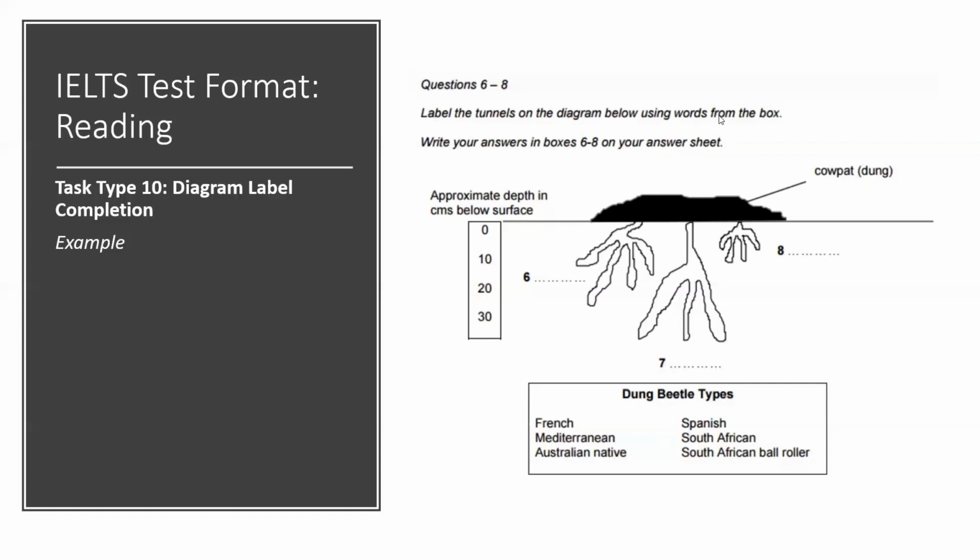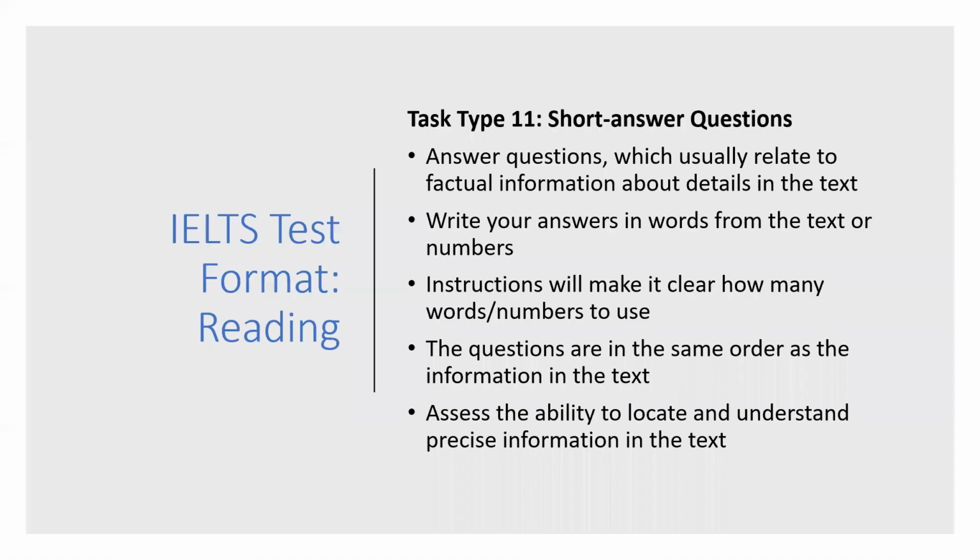All right. So you have understood this kind of question. Next type of question is short answer questions. Now, sometimes the IELTS test has these kind of questions as well, short answer.